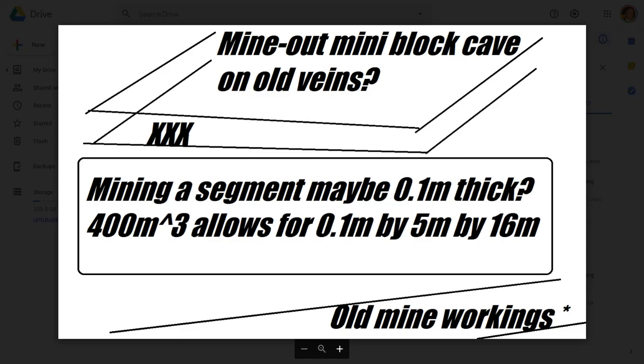I don't know how much you want to cover up, but you potentially want to cover up lower grade material, even ore, if it allows you to more safely work particular high grade zones, which may well be the case.